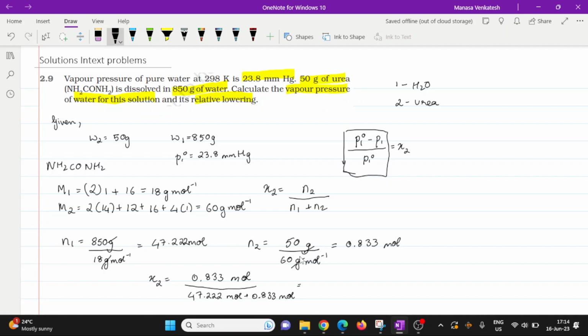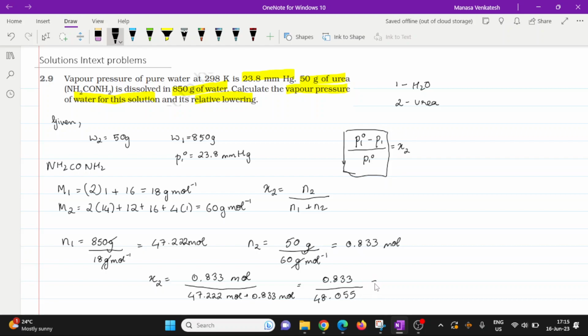So 47.222 plus 0.833 equals 48.055. So you have 0.833 divided by 48.055. And yes, I am calculating it in parallel because I did not learn how to pause the video while recording.